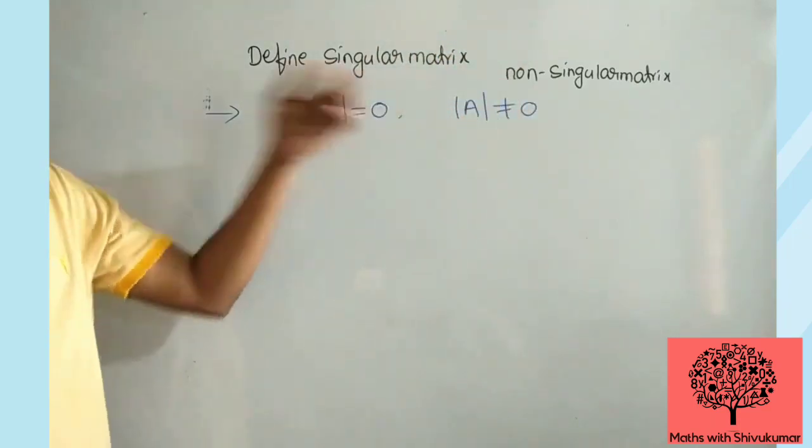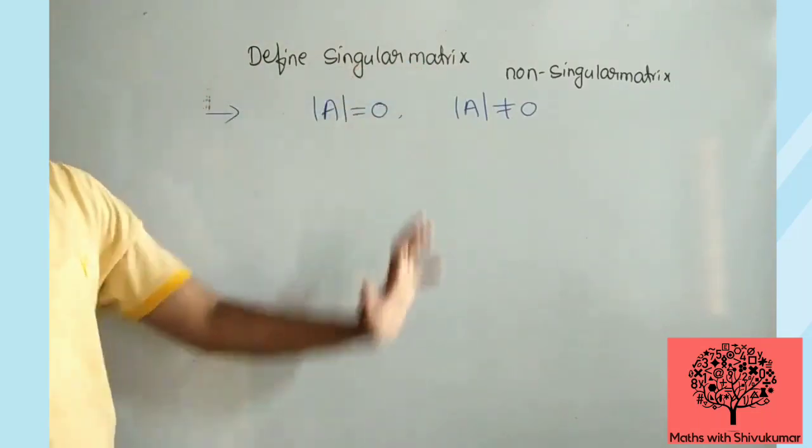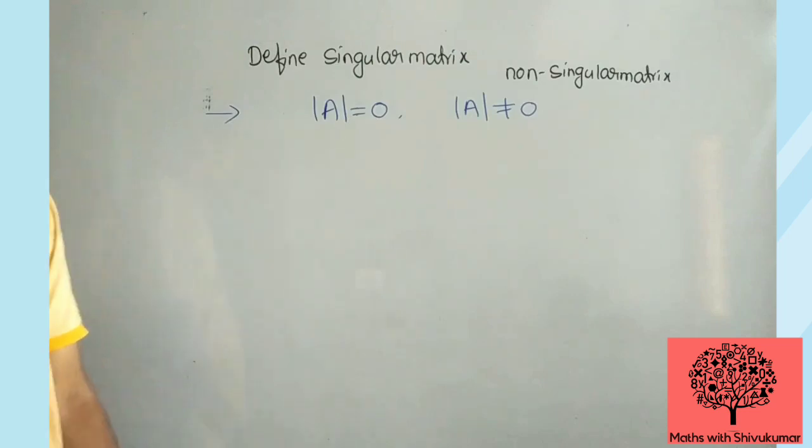Actually this will come in determinants, but since the word matrix is there, that is why I have taken it here. If the determinant of A is equal to 0, that is singular. If the determinant is not equal to 0, that is non-singular.